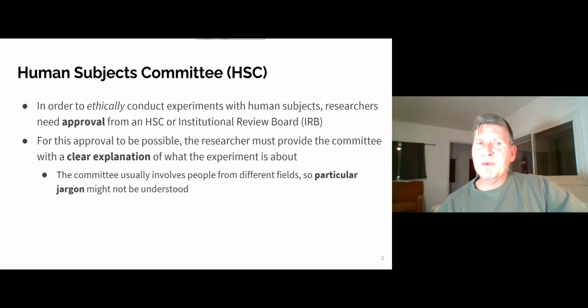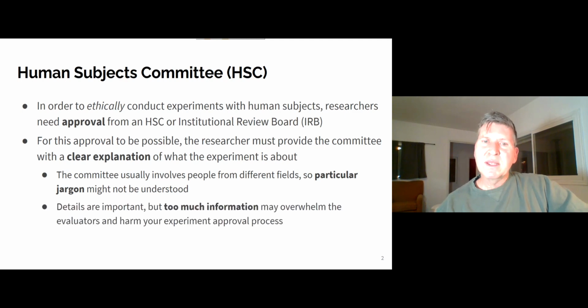For example, when I was a PhD student, most of the members were part of the medical school, and I was part of computer science. And unfortunately, terminology that I thought was well understood was foreign to them. So I had to go back and revise my document a few times when I began writing research proposals.